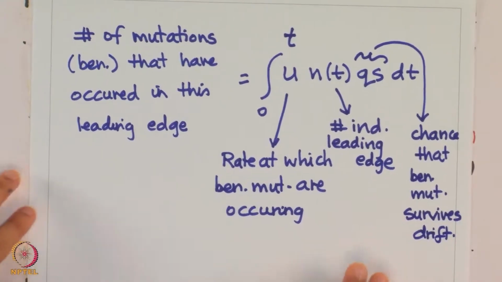Remember, we have previously studied this result that should a beneficial mutation which has a selection coefficient associated with it as S occur in a medium, the chance that that beneficial mutation survives drift is equal to S. The probability associated with that mutation surviving drift is just equal to S, which is the selection coefficient. In this case, the beneficial mutation that has occurred is from the leading edge. So, the advantage that this beneficial mutation has over the mean is equal to QS, and hence we say that the chance that this beneficial mutation survives drift is just equal to QS.